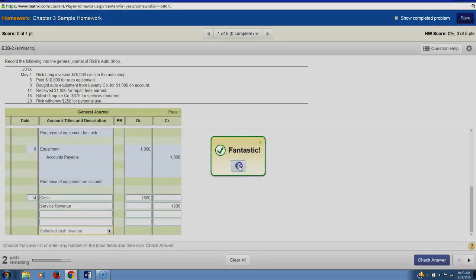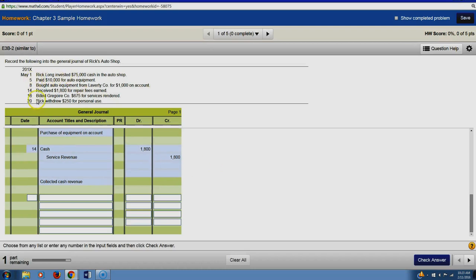Okay, so the next one is we billed. Now when you see a billing, that means you performed a service. So it's like you performed a service for this Gregoire company, and you agreed to have that company pay you later. So you're selling your services on credit, which means that you have a right to receive $675 from this guy Gregoire, and we'll put the 18th in there.